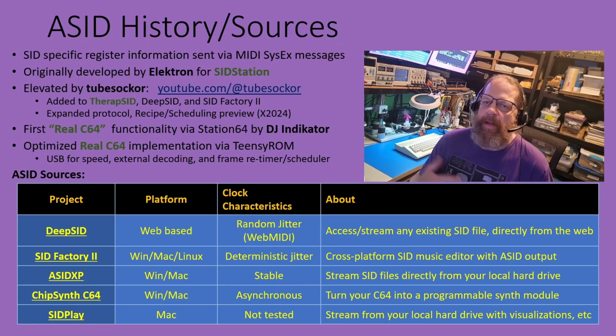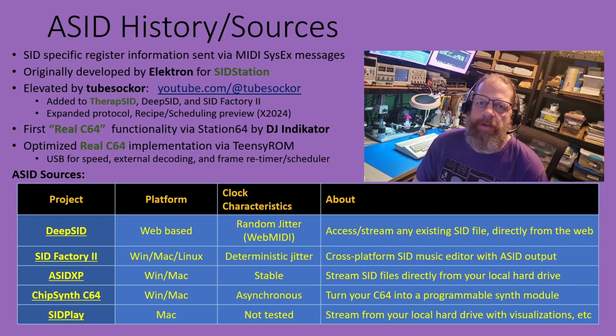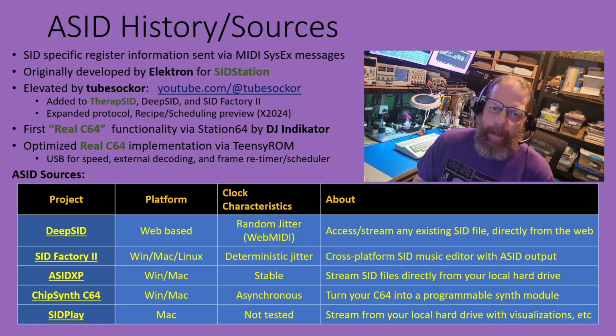Now, the ThorapSID and SidStation are products which use a classic SID chip, but with a more modern processor around it. Up till this point, the only way to use ASID on a real C64 was by the use of the Station 64 product by DJ Indicator. That's where the TeensyROM comes in.